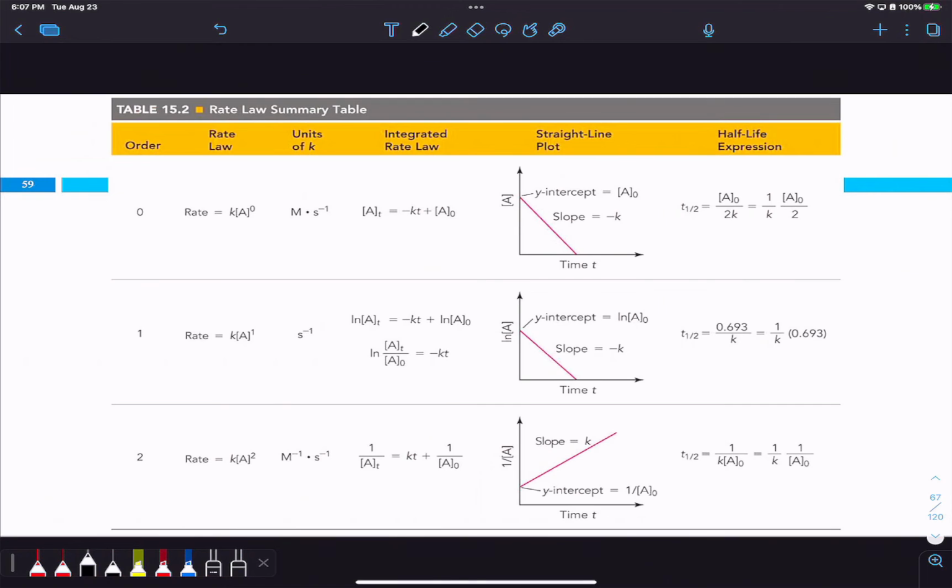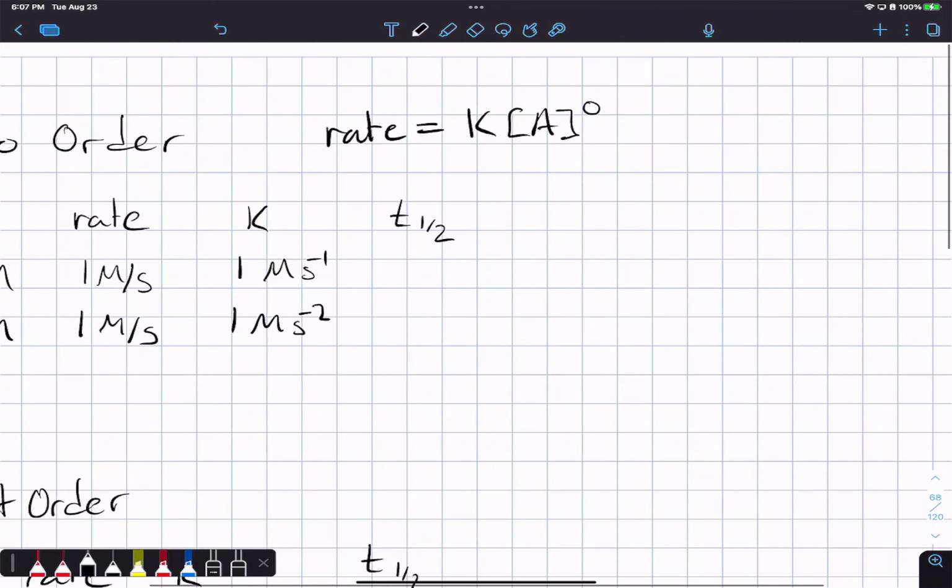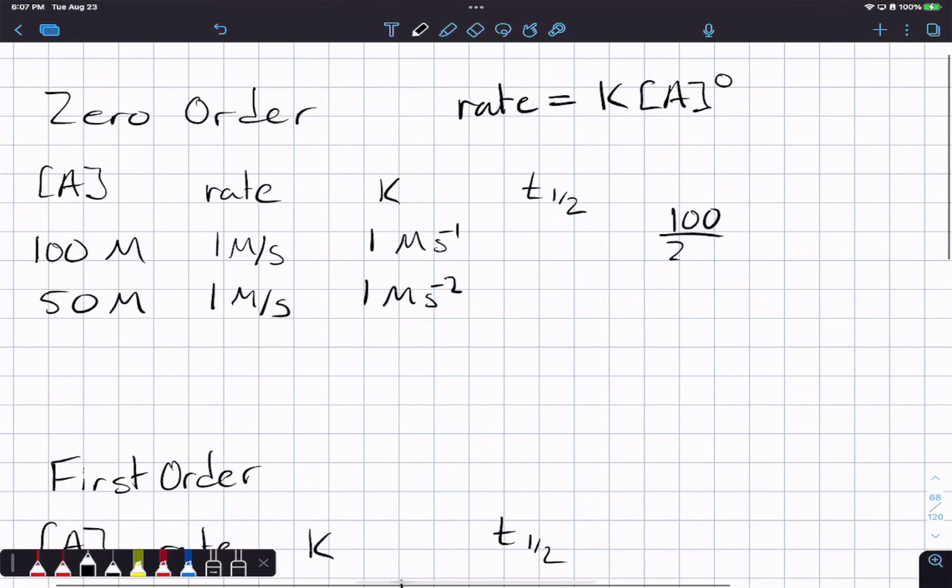This is still going to work, but we do need to calculate this. So our half-life is going to be equal to our initial concentration, which is 100, over, oh yeah, it did work out right. 2 times our K, which is 1, molar per second. So the half-life here would be 50 seconds.